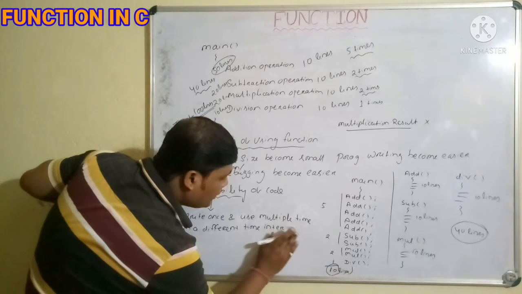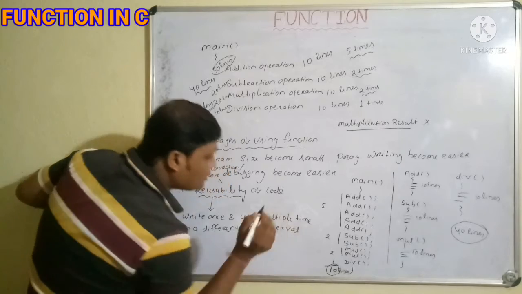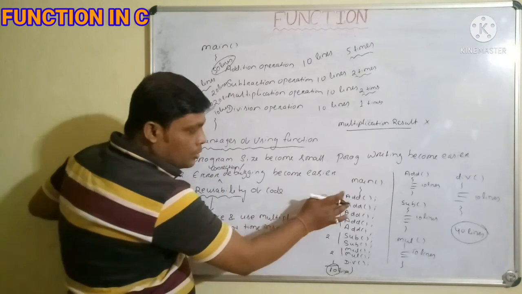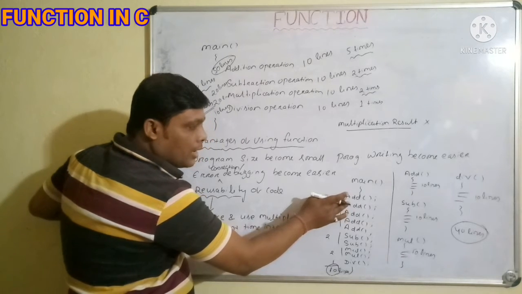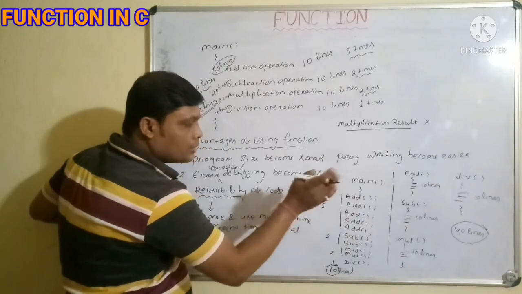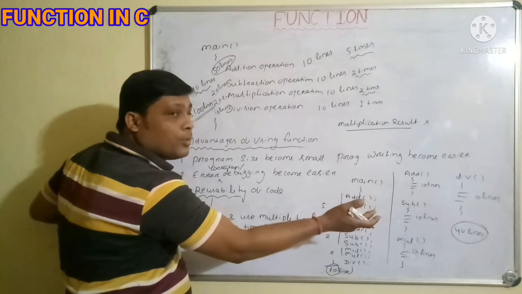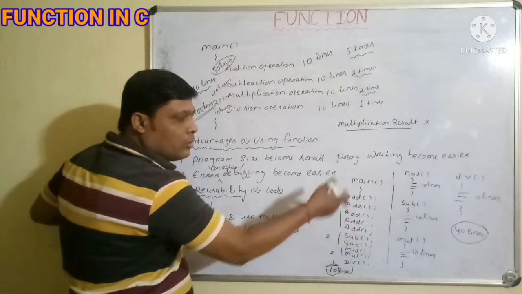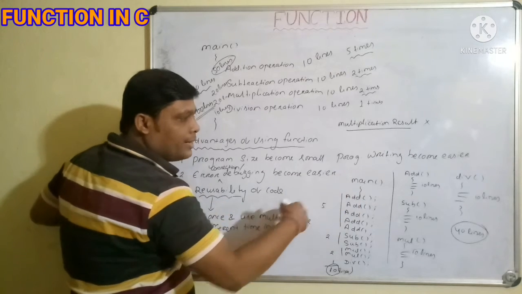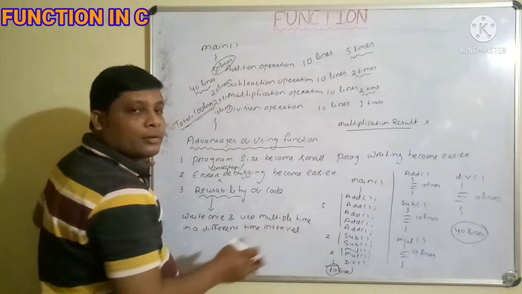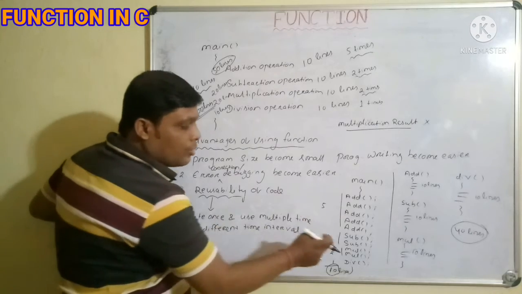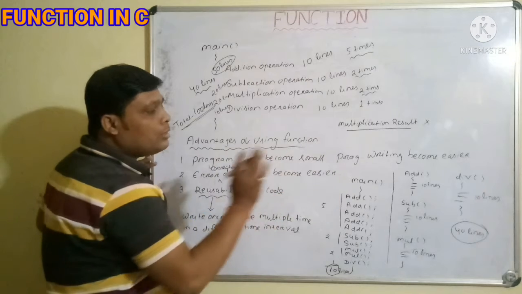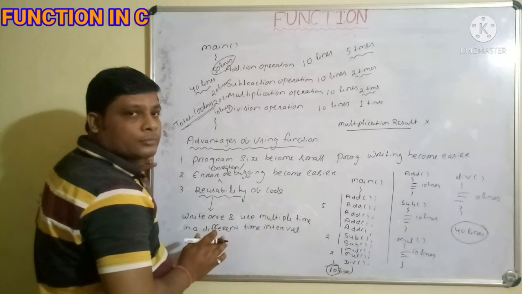As I have already told, suppose I have called the addition function, then multiplication, then subtraction, then suppose I want the addition function again at a different time interval, then I need not write 10 lines again and again. I will only call that function and it will go to the definition part and do that operation.